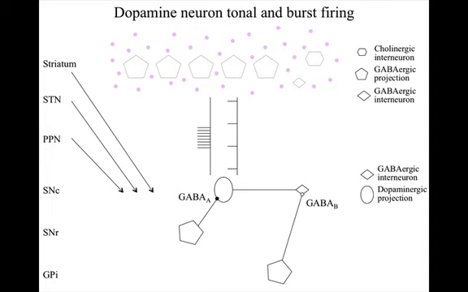Cholinergic inputs tend to increase the probability of tonic firing and have less effect on burst firing. So there's a fairly complex overall regulation of dopaminergic firing, with separate regulation of tonic and burst firing. In fact, even when dopaminergic neurons die off in the SNC, as in Parkinson's disease, it's observed that the level of dopamine in the striatum is maintained at normal levels until a very high proportion of the dopaminergic neurons have disappeared.